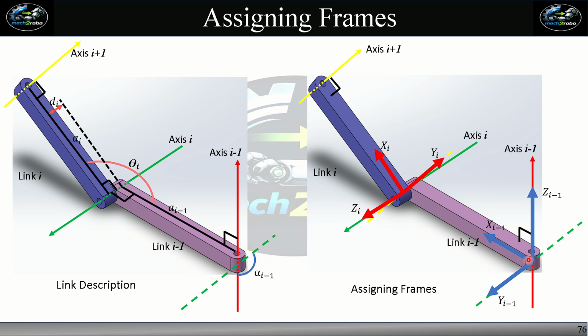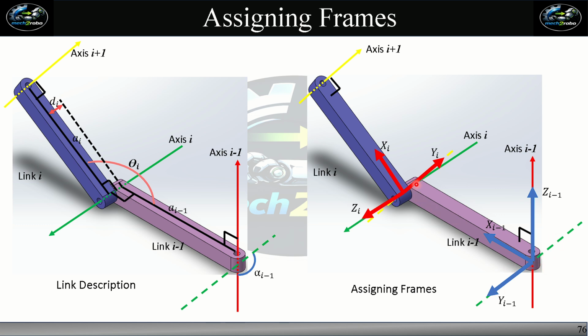So for link i minus 1, the x-axis is along this link length a i minus 1, and similarly for link i, the x-axis is along this link length a i. By using the right-hand thumb rule, we can know the direction of the z-axis. The y-axis is always perpendicular to the xz plane, and we have two options to represent the direction of the y-axis: along this direction, or in this direction.